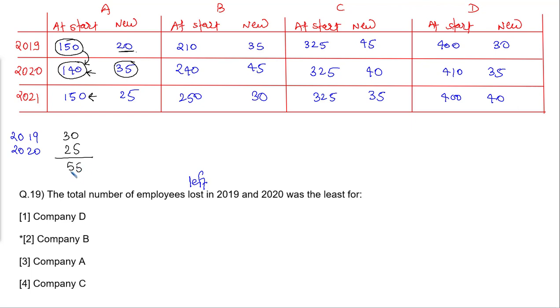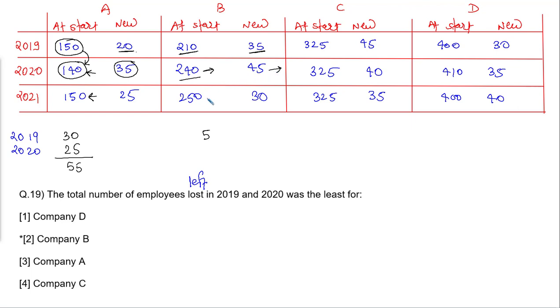In company B, 210 plus 35, that is 245. 245 employees were there. Over here only 240 are left, means 5 employees are left. Over here 240 plus 45, 285 are there.